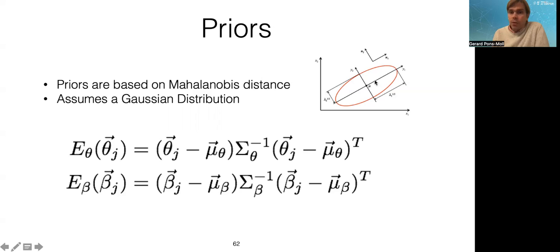And this is to account for the fact that you have more variance, so it's more likely that you're a bit further away along the first principal component than along the second component. This is why you have this sigma -1 here, which is scaling, and it's also taking care of this angle that you have in the distribution of poses or shapes.